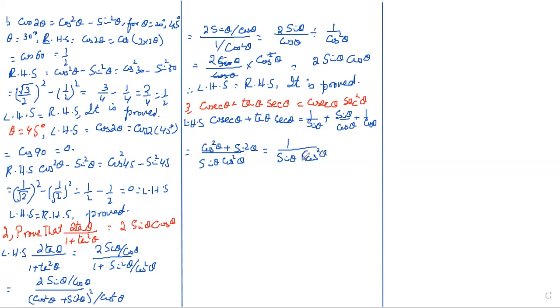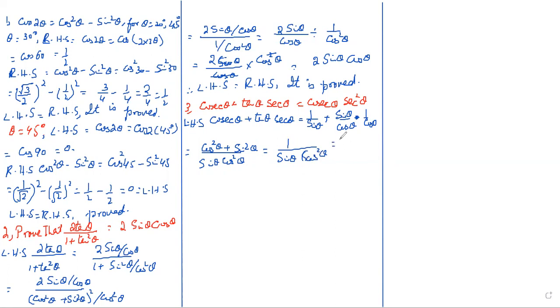Now I will explain this, okay? This is sine theta, which will be multiplied here, and this is cosine square theta, which will be multiplied here. So cosine square theta plus sine square theta equals 1, and we are left with 1 over sine theta times cosine square theta.